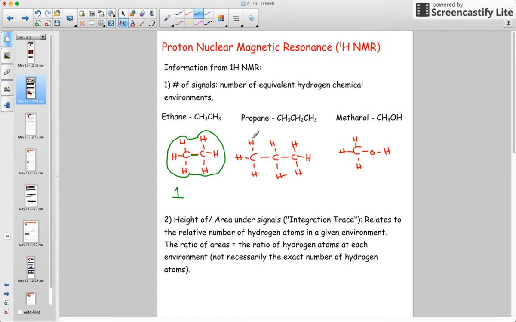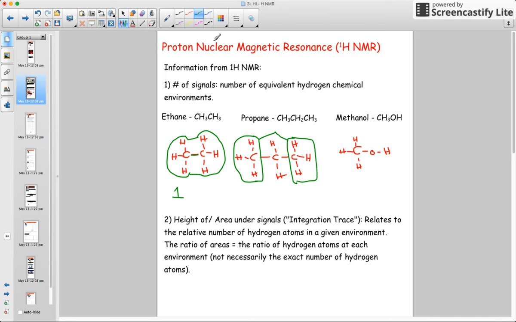In the next one, I've definitely got an environment here because they're all attached to the same carbon atom. But I would say that these 3 hydrogens have the exact same environment. If you look at both of them, you've got H's attached to a carbon that's attached to a CH2 group, right? So these 6 hydrogens here form one environment that's the same.